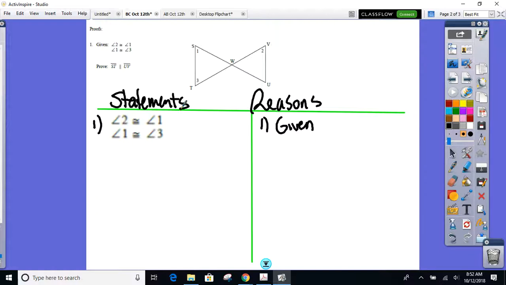All right, as people are finishing up writing in their givens, everyone notice the pair of lines I'm trying to prove parallel, ST and UV.